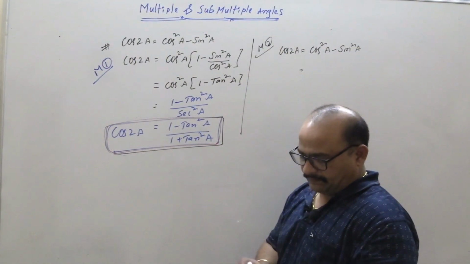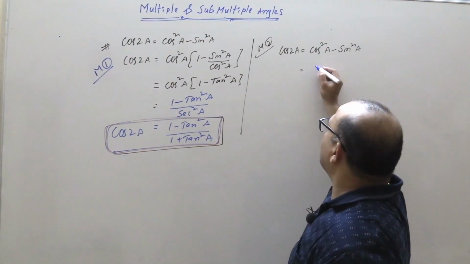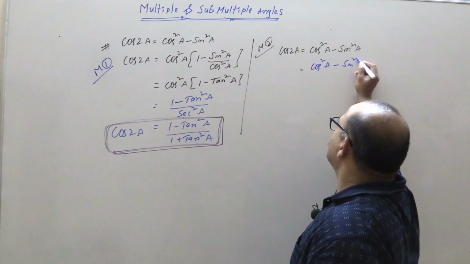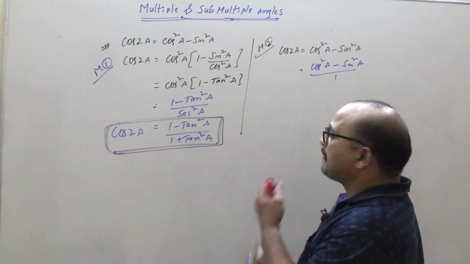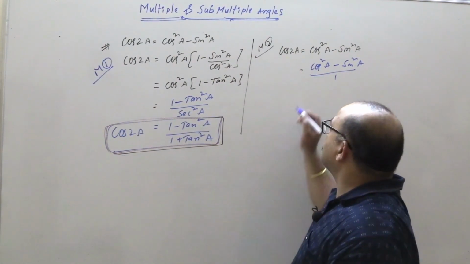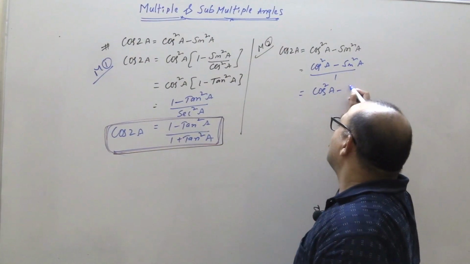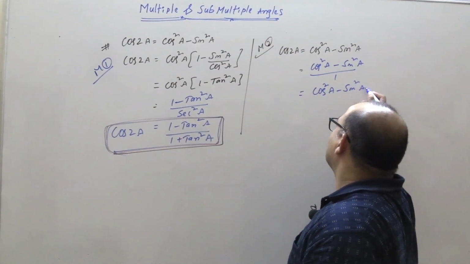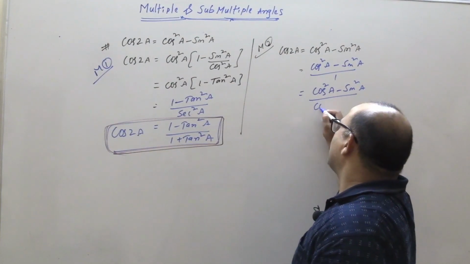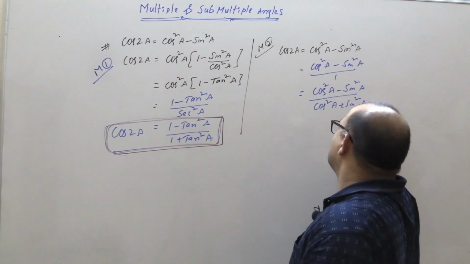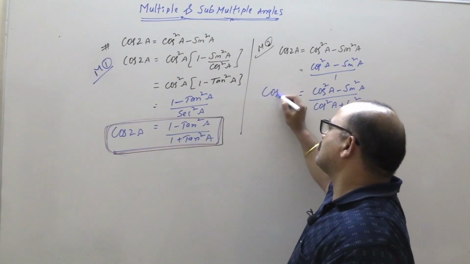Assume the denominator is 1, and in the place of 1, I am going to write the identity cos square a plus sin square a. This is the cos 2a.